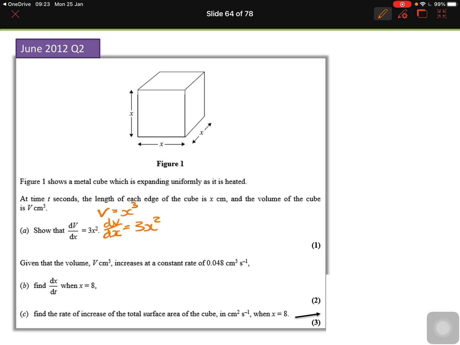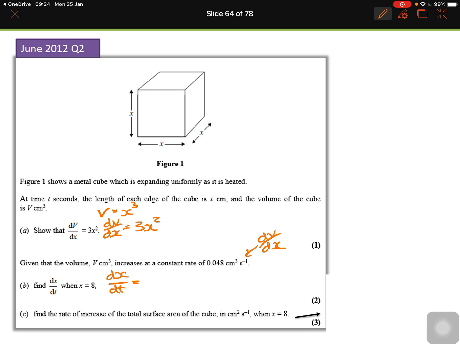Given that the volume increases at that rate, find dx/dt when x equals 8. If I need to find out what dx/dt is, I need to work out the other differentials that make that up.